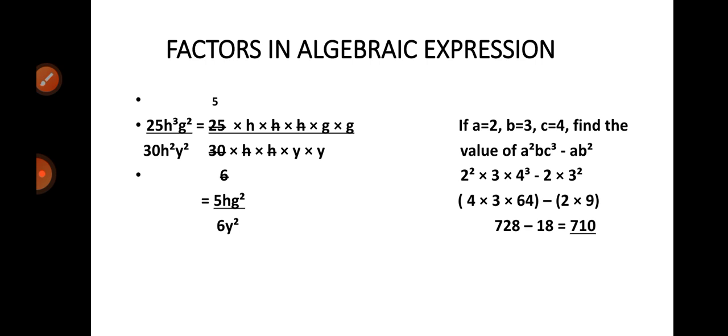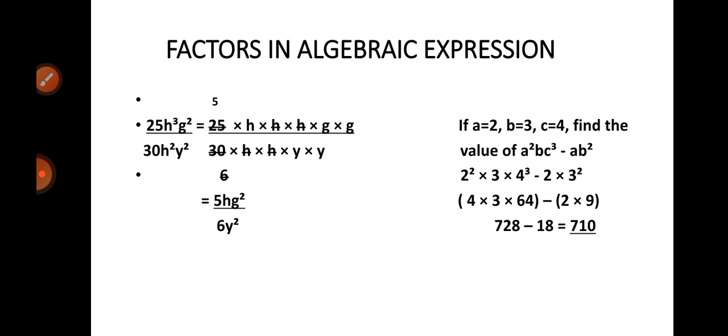Now the second part of it says, if a is equal to 2, b is equal to 3, c is equal to 4, find the value of a squared b c cubed minus a b squared. 2 squared, that means a is 2 and a is squared. That means 2 squared times b is 3, it has no square, so just 3, times c is 4 and c is to the power of 3, 4 cubed, minus a is 2, times b is 3, 3 squared.